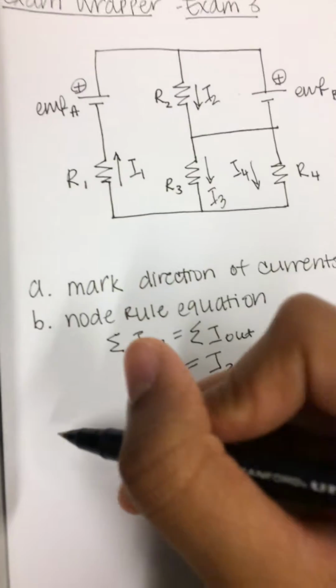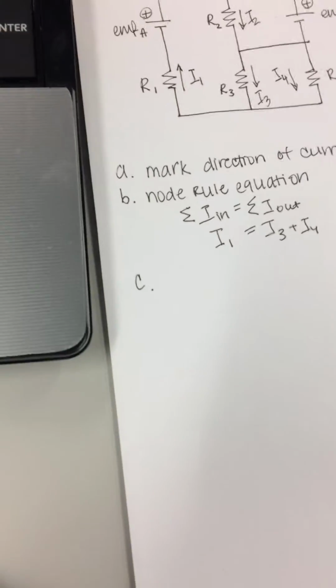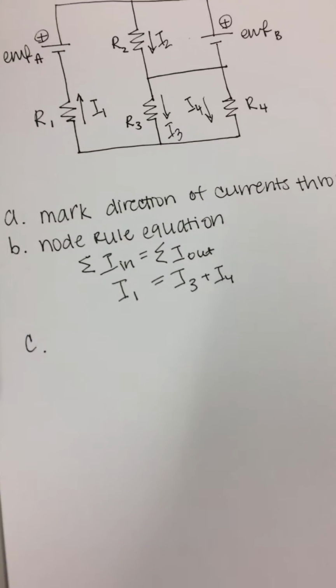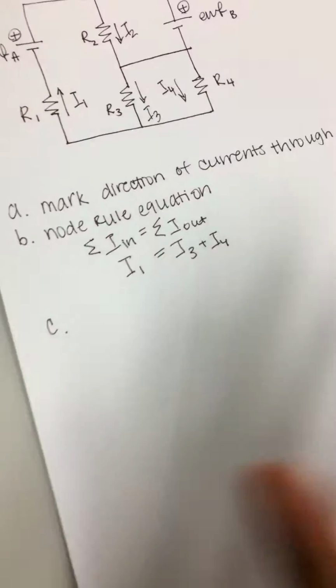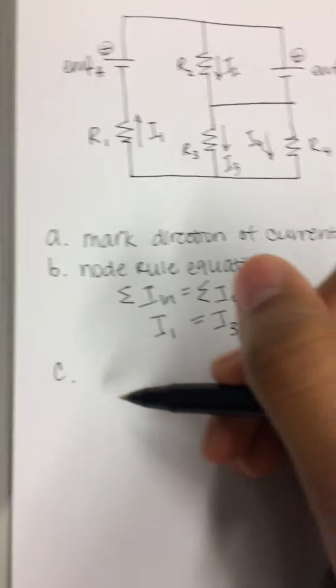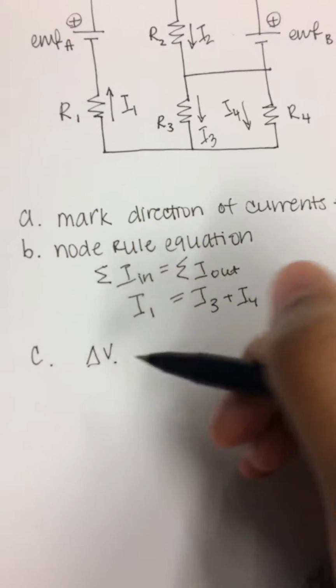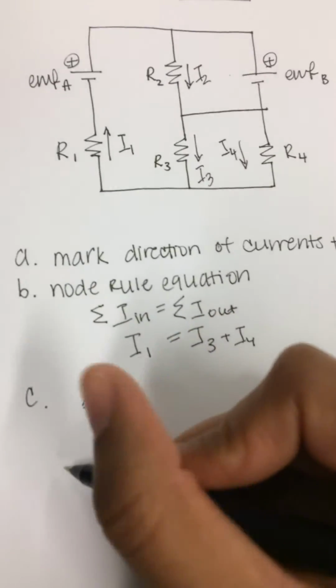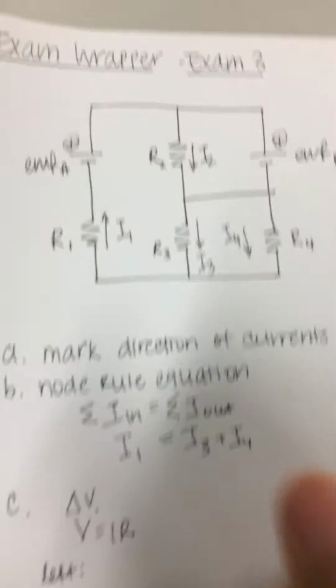And then the next part of the question asks you to write down the 3 loop rule equations. The loop rule has to do with the voltages, right? And you know that V equals IR. So the first one, we can look at the left loop right over here.